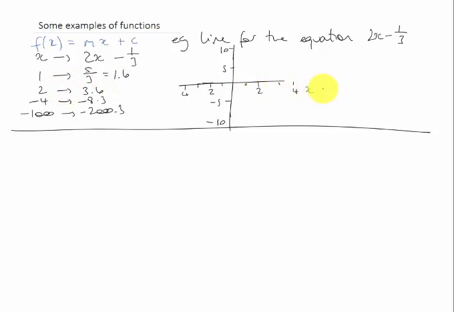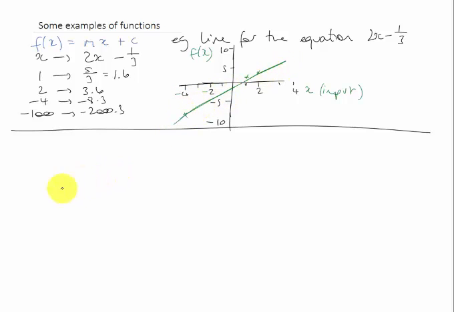So let's put some of these on. So this is x, so this is the input, and this is the function. So for 1, I'll get 1.6, somewhere there, 2, 3.6, somewhere there, minus 4, minus 8.3, it's somewhere down here. So here's our line.